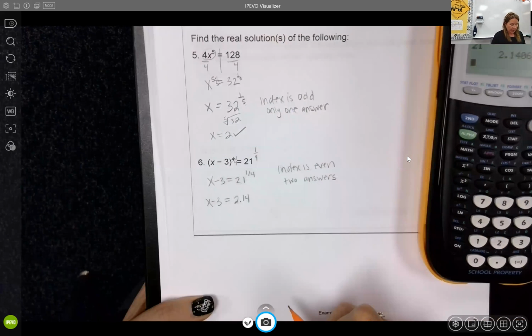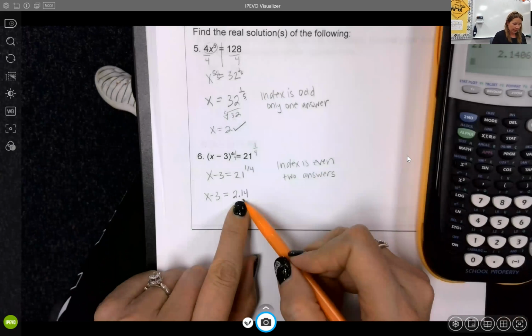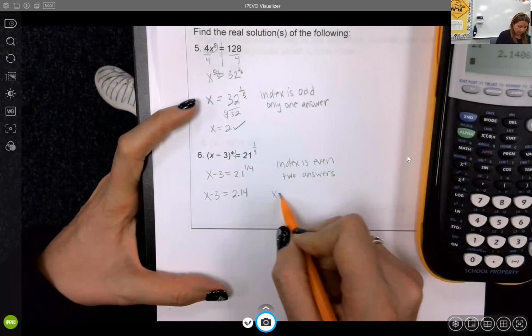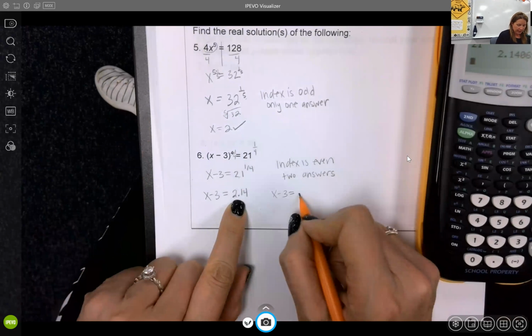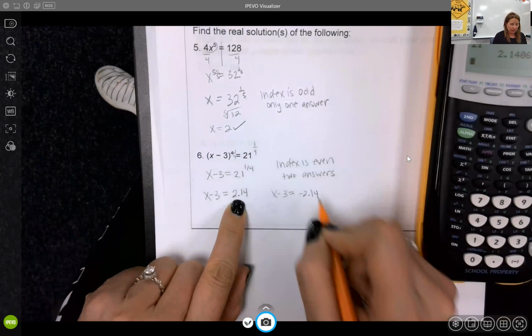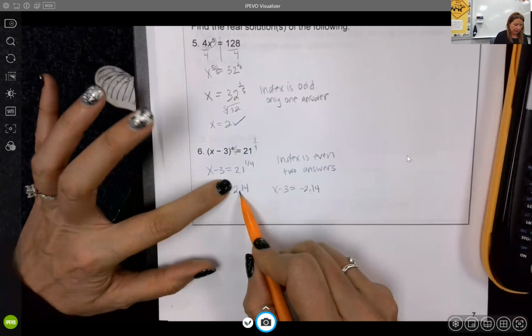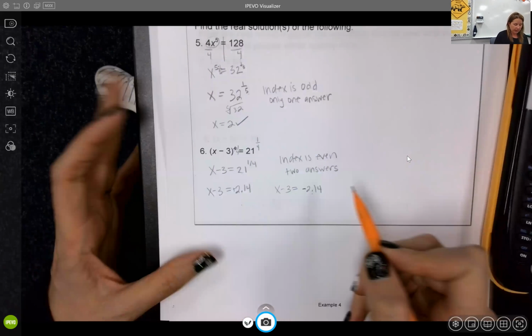If I multiply 2.14 by itself 4 times, I'm going to get 21. But if I multiply 2.14 by itself as a negative, I'll also get positive 21. So my 2 possibilities are the 2.14 that's positive and the negative 2.14, okay?